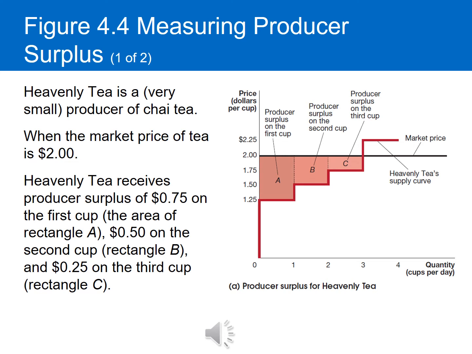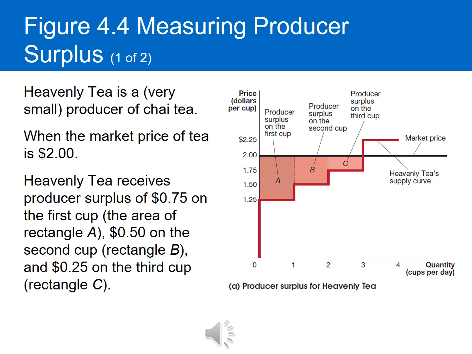So if the market price of tea is $2, Heavenly Tea would be willing to sell 3 cups of tea. They receive a producer surplus of 75 cents on that first cup, the difference between $2 and $1.25. That's represented by the area A, the rectangle on the figure on the right.